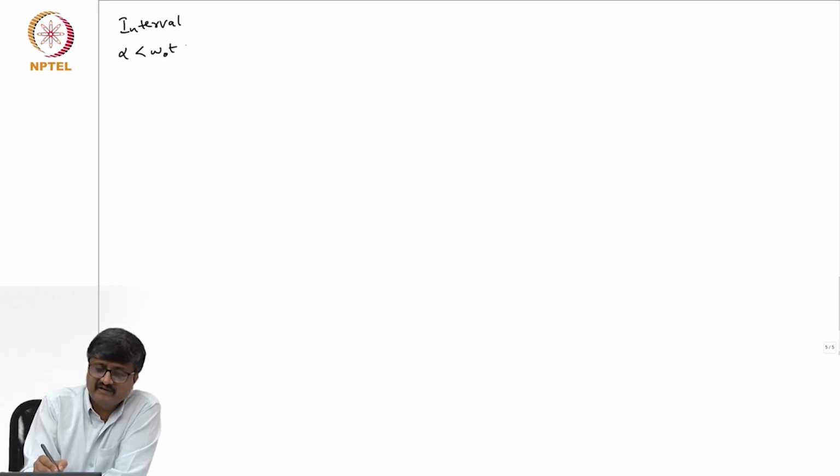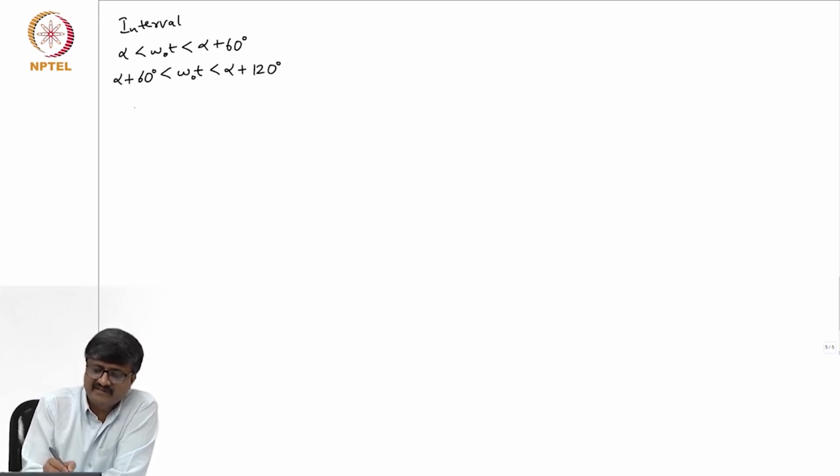Omega t greater than alpha and less than alpha plus 60 degrees. Then alpha plus 60 degrees less than omega t less than alpha plus 120 degrees. Alpha plus 120 degrees less than omega t less than alpha plus 180 degrees.